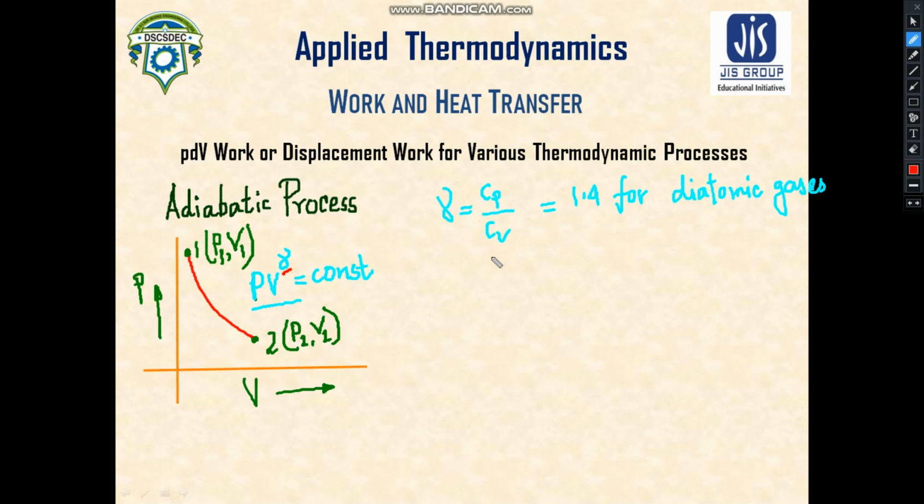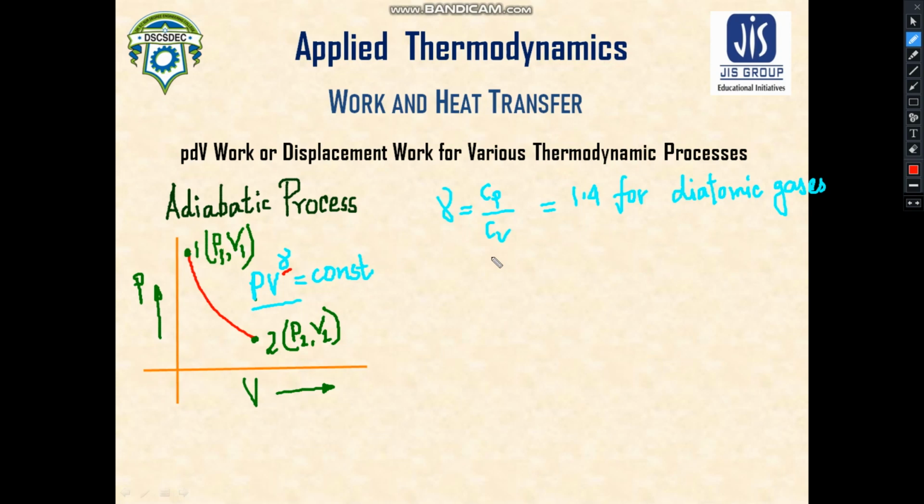The amount of heat which is required to increase the temperature by 1 degree Celsius for 1 kg of fluid is called the specific heat. If this process is maintained at constant volume, then it is treated as specific heat at constant volume. If the similar process is maintained at constant pressure, then it is called specific heat at constant pressure.